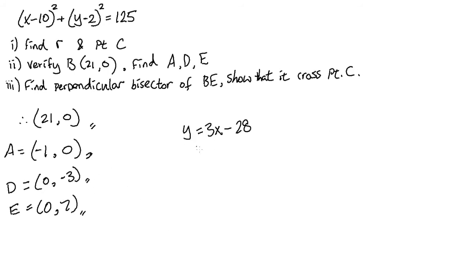So in order to prove that this perpendicular bisector crosses point C, we need to put in the x value of the point C to show that the y value of this line is also the y coordinate of C. And as we have found in previous parts, the coordinate is (10, 2).